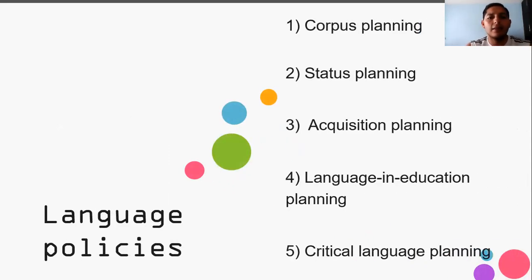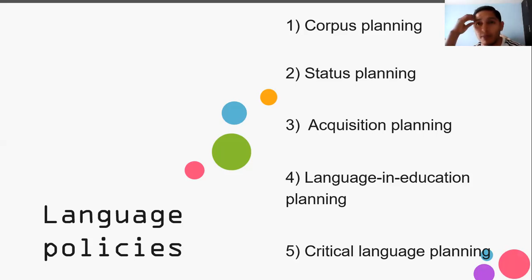Now, language policies. We have different kinds of language planning. We have corpus planning that refers to language planning that attempts to modify in some way the code of a given variety. This is usually implemented.